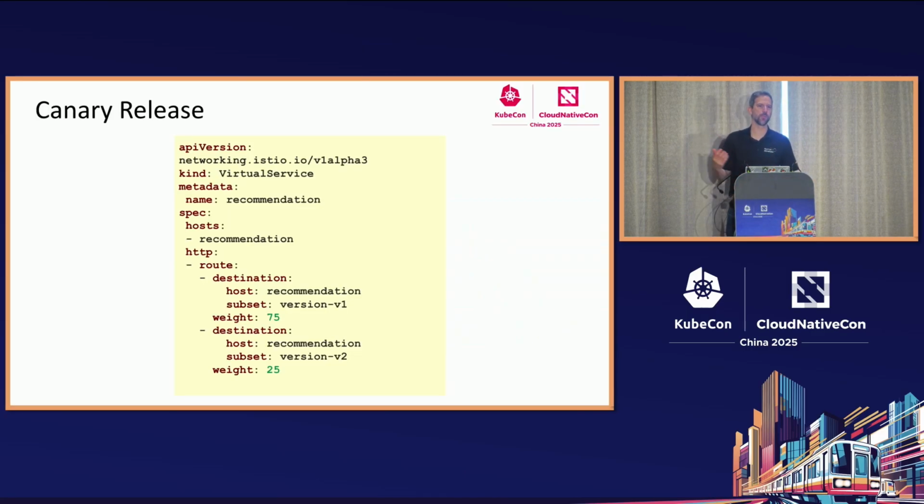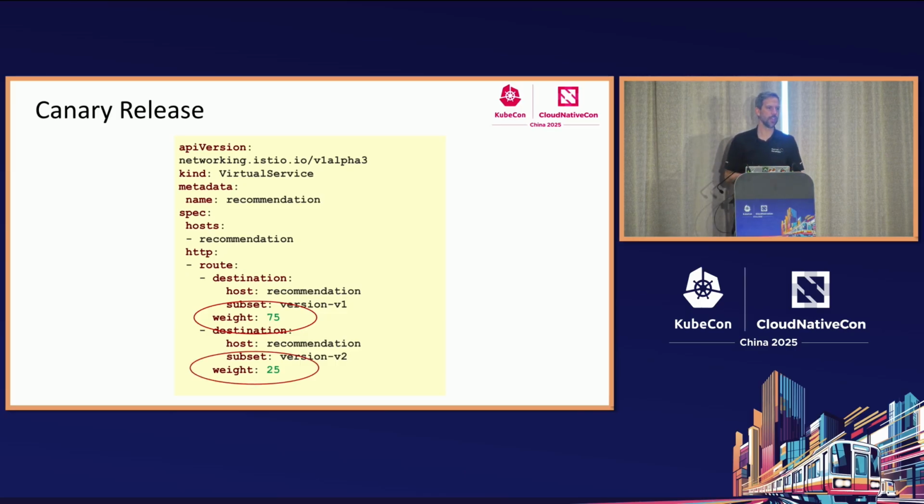So here's an example of how you would do that with Istio. You can see here an Istio virtual service, and you have this HTTP route, and then destination of our version 1, where we send 75%. So you set the weight and say 75% goes to version 1, and then 25% goes to version 2.